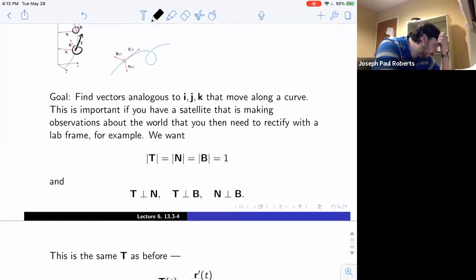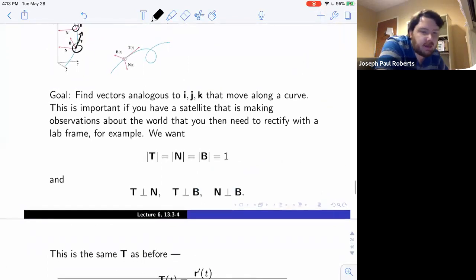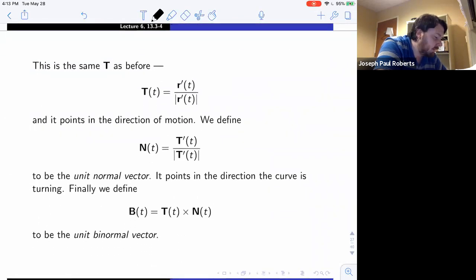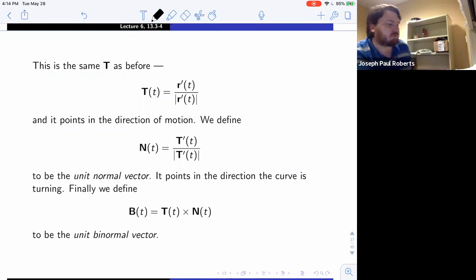And so it's not a coincidence that we're using capital T again. Basically, this T is going to be the same T as before. And so we've talked about how T is just the tangent vector normalized, so it's going to point in the direction that your satellite is moving. And then essentially we're going to define N to be the vector T prime normalized.